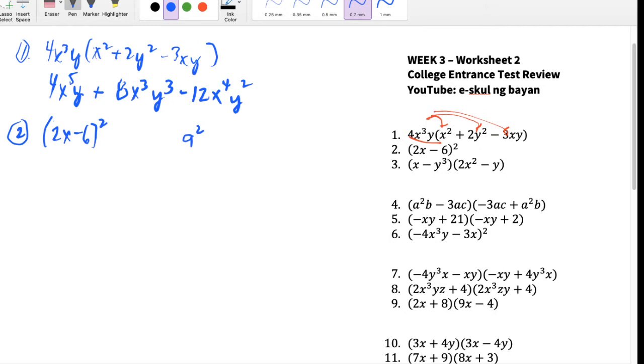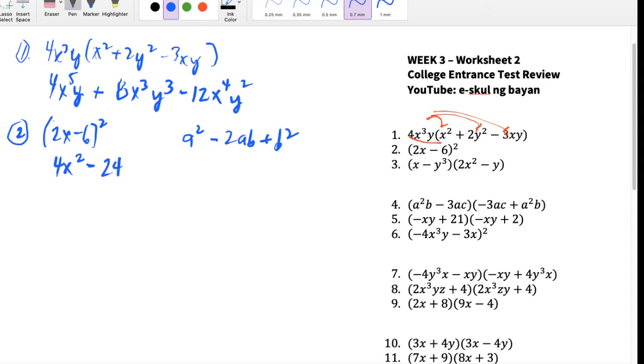So, minus 2ab plus b squared. Okay? So, yung a natin would be 2x. So, 2x squared, that's equal to 4x squared minus, 2 times 2, that's 4 times 6, that's equal to 24.